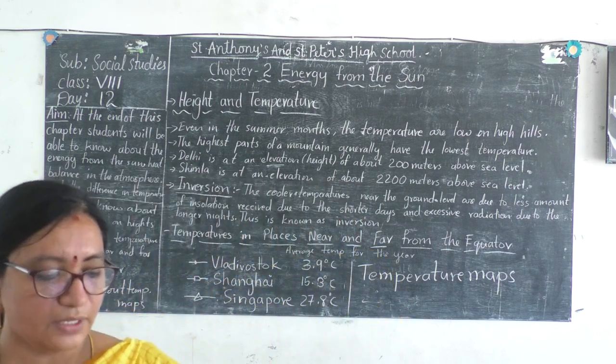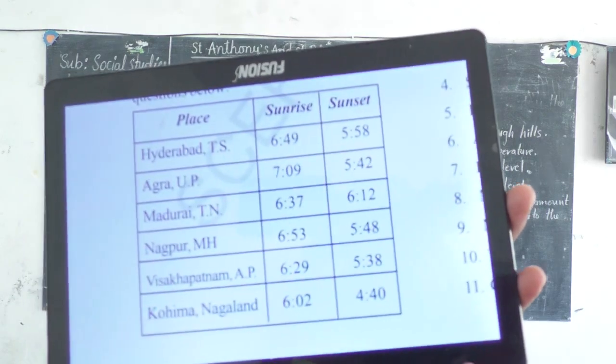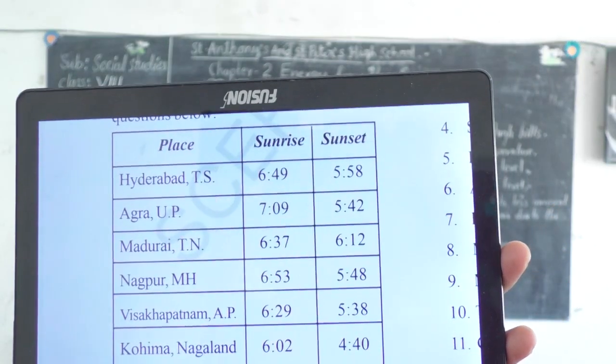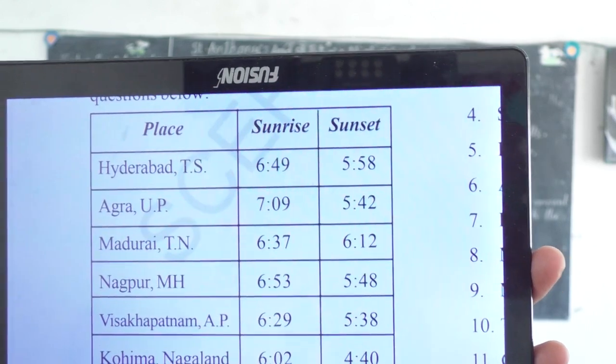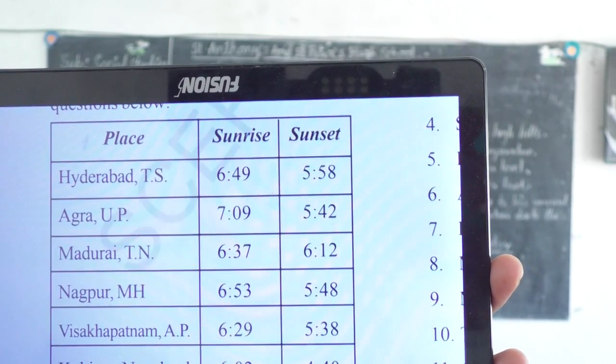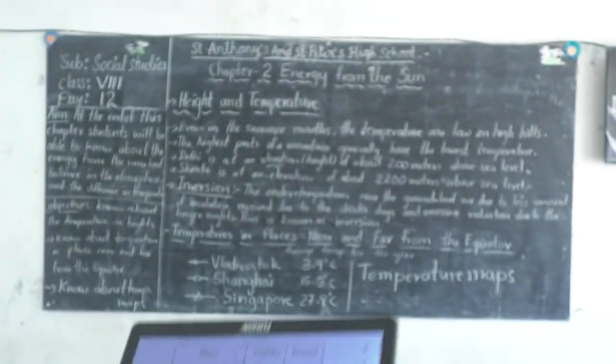On the same date, you can observe the sunrise and sunset in places like Hyderabad. Sunrise is at 6:49 and sunset is at 5:58. Like this, all the sunrise and sunset timings are given here.